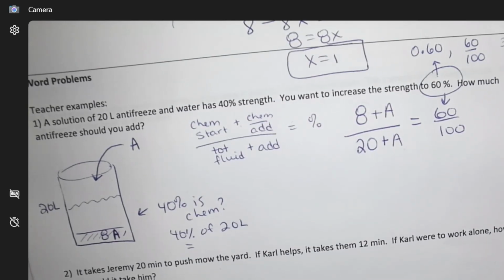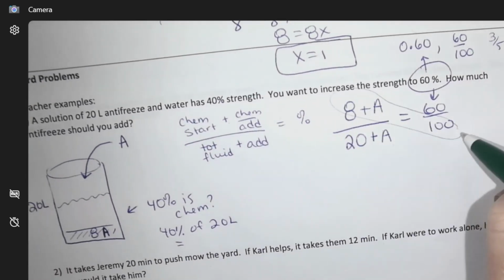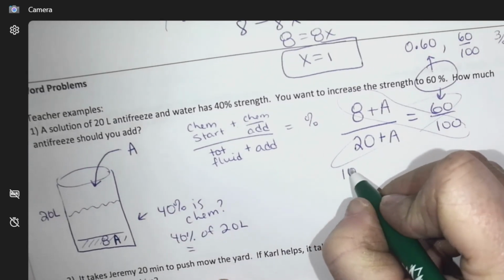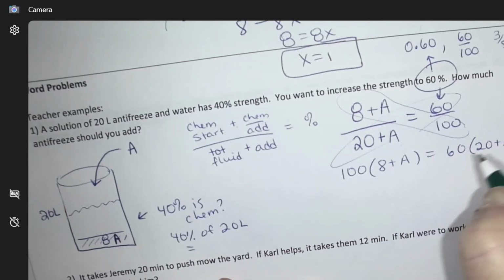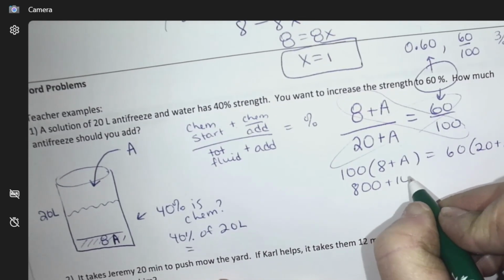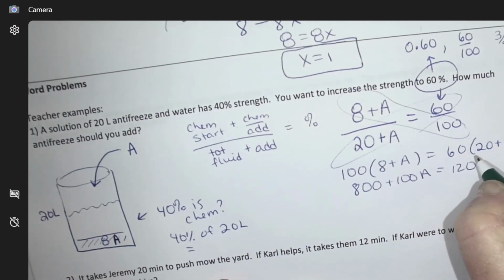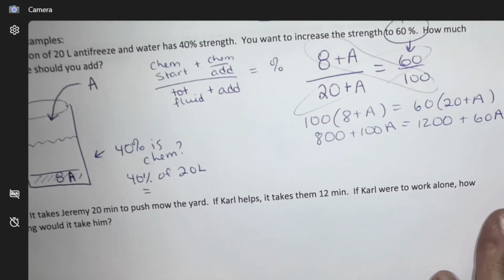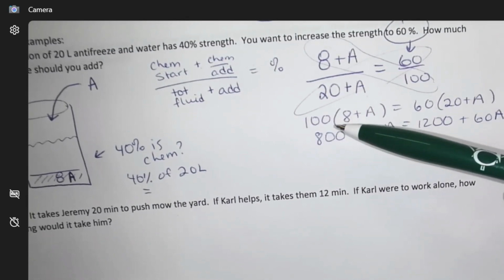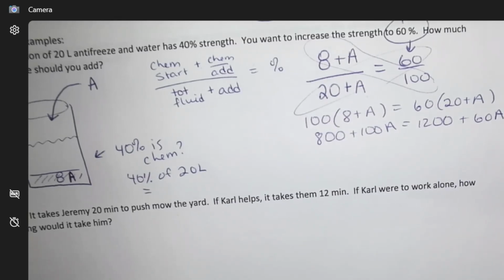Now you got this. What do you do from yesterday? This is all yesterday's stuff. Should I, option 1, cross multiply, or should I common denominator drop? I should cross multiply. Okay, so there's my cross multiplying. I distributed what I needed to when I did that.